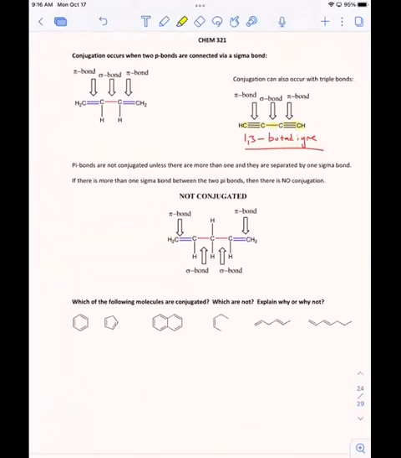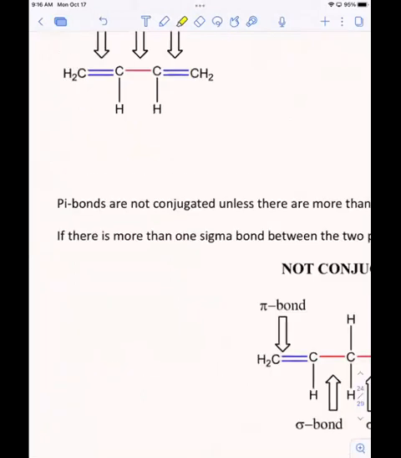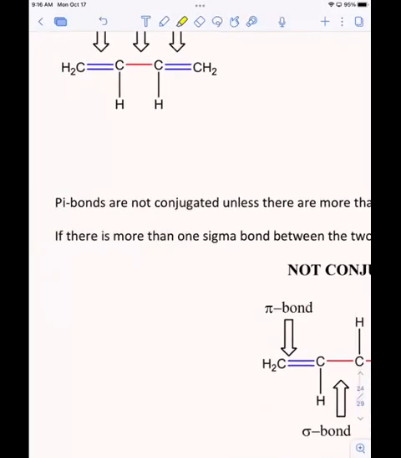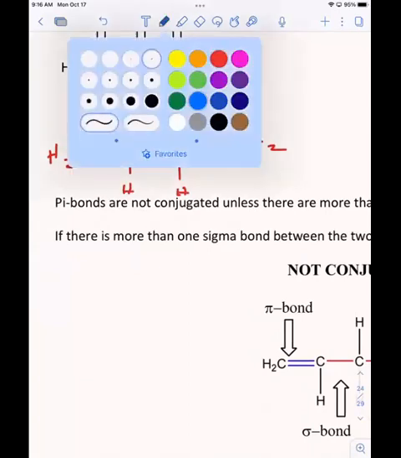Right? One of the things about a conjugated system is that each carbon has a p orbital on it.